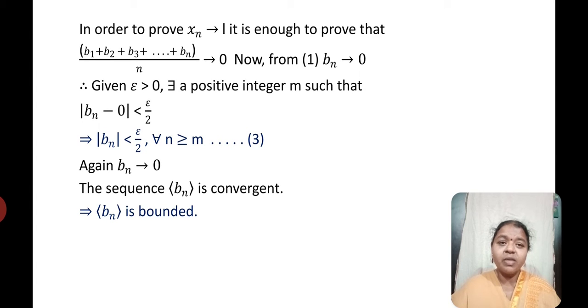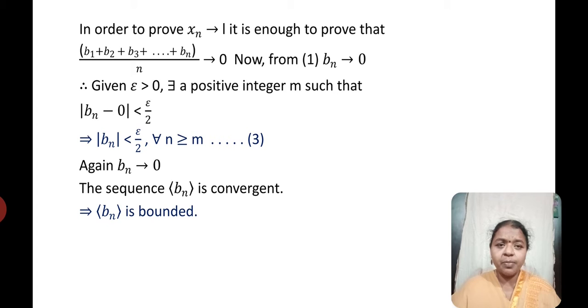Therefore, given epsilon greater than 0, there exists a positive integer m such that modulus of b_n minus 0 is less than epsilon. This is nothing but mod of b_n is less than epsilon by 2 for all n greater than or equal to m. Let's call this equation 3.